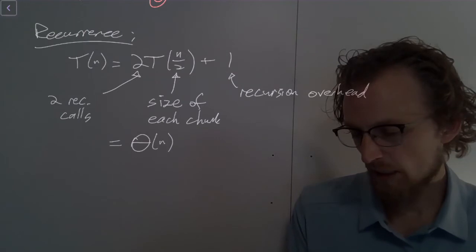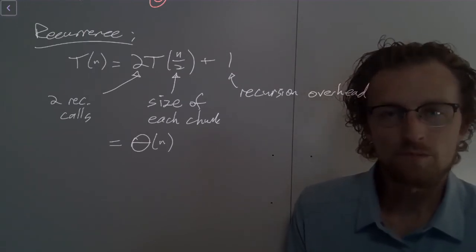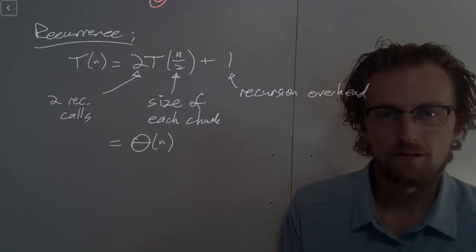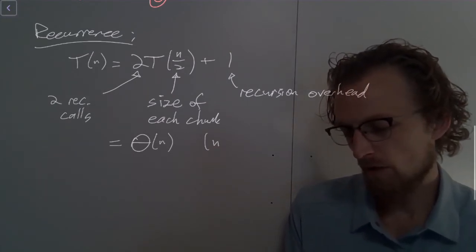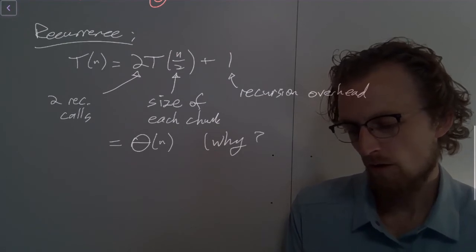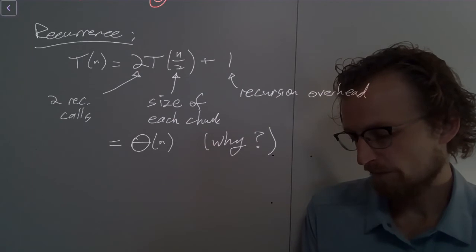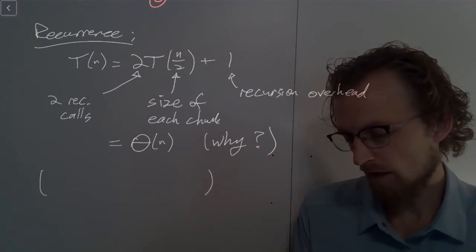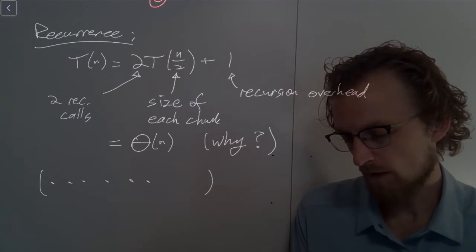Okay, so let's think about how many items get compared when we do this algorithm. I'm going to do a very informal explanation of why we have a linear time complexity here. So suppose I have an array with 8 things in it. So 1, 2, 3, 4, 5, 6, 7, 8.